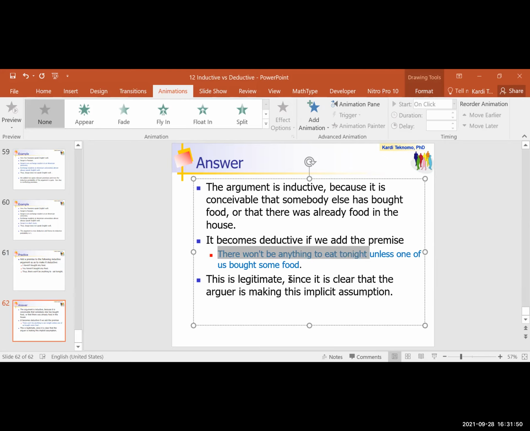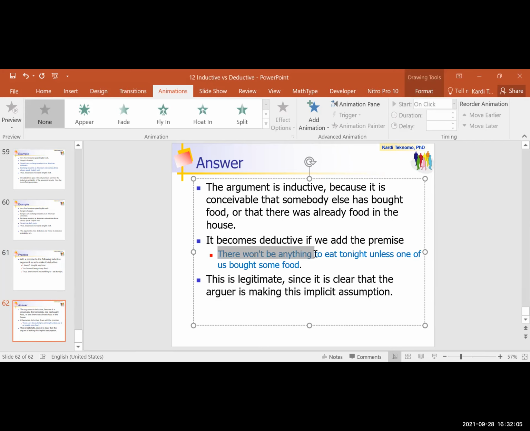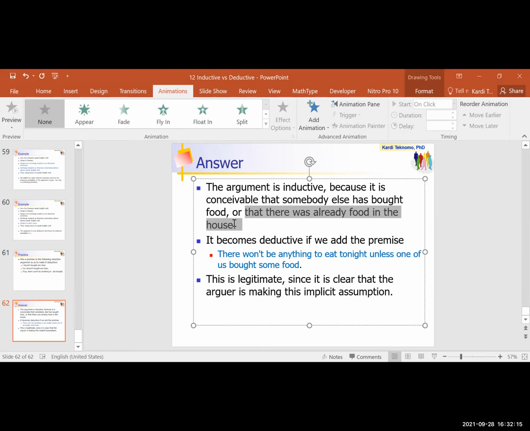Oh, I see now, sir. So there's an assumption that the possibility that there is already food in the house is not there anymore, right? Because he is saying there won't be anything to eat tonight, correct? Oh, yes. Okay, sir. Thank you. I understand, because you said it's "or", right?